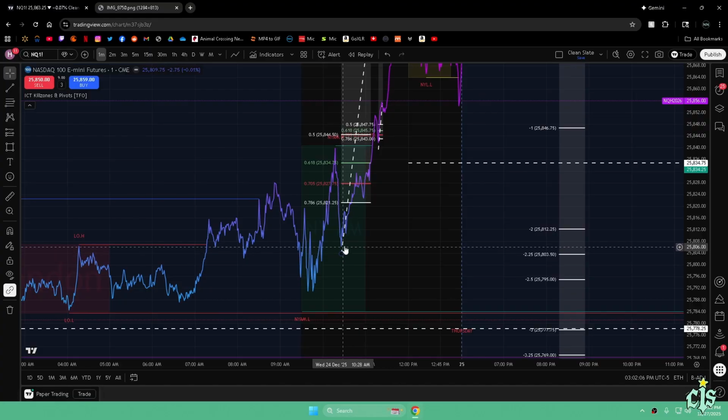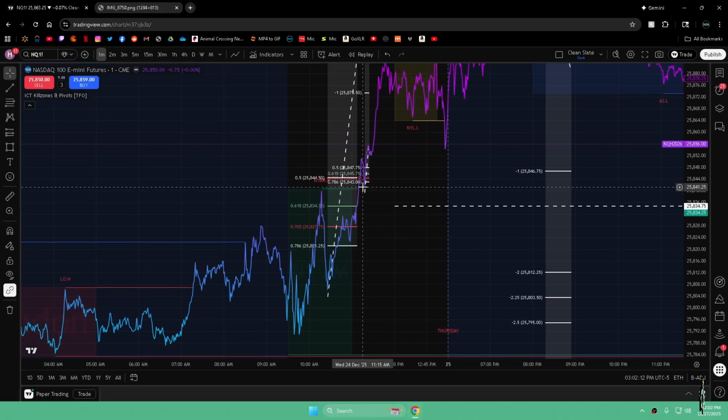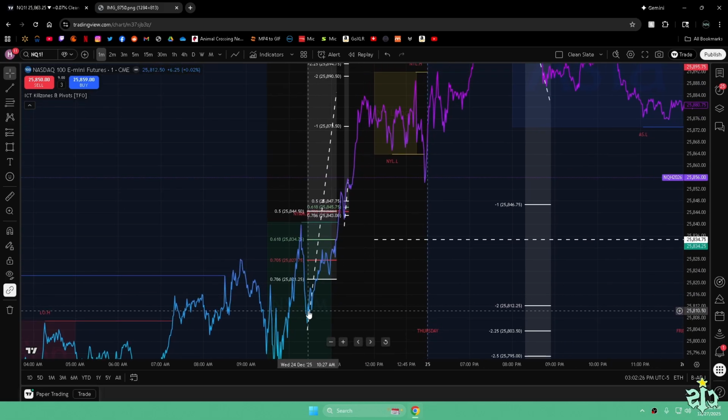You would make your range from here to here, or you can make a smaller range from here to here, or this range here to here. Because there's an imbalance here, there's an imbalance here. There's no pullback to 50% with this pullback. It doesn't go back to 50%. So technically this whole range is imbalanced from here to here.